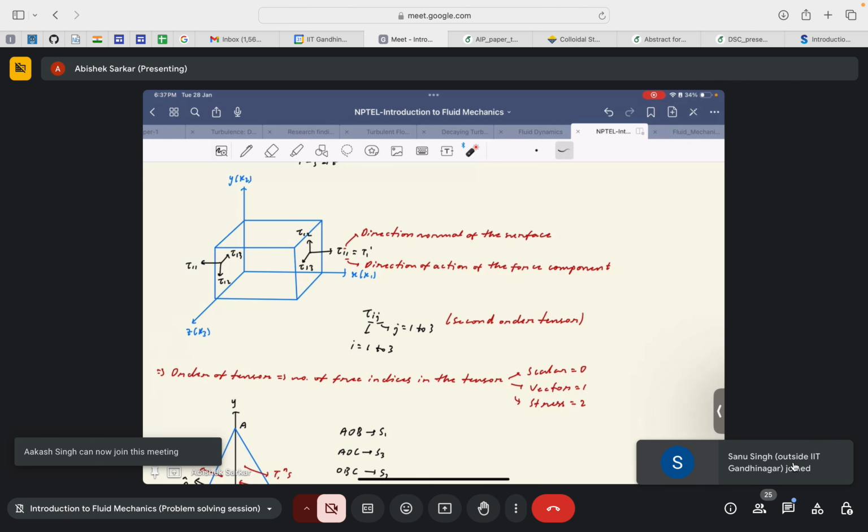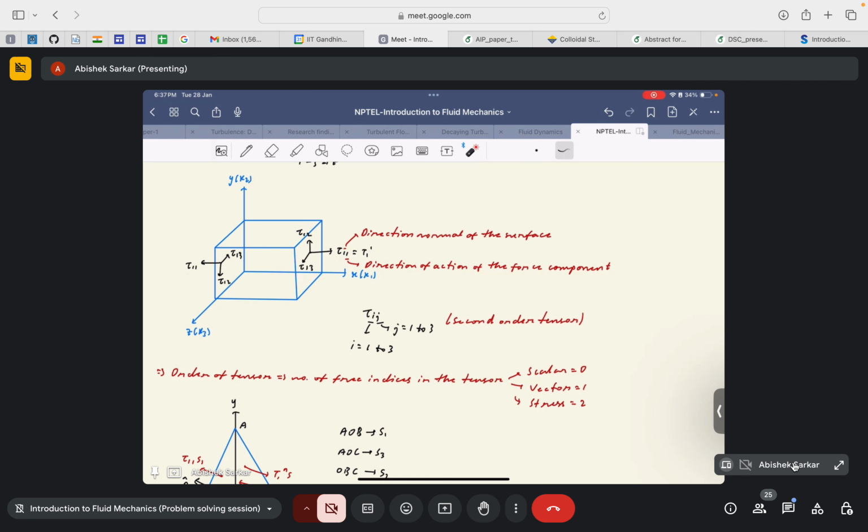That's why we have the index as 1, and the direction of this force is along the x1 direction, so the index notation would be tau 1 1. Similarly, along the y direction it is written as tau 1 2. The normal to this surface is along the x1 direction, so the first index remains the same, but the second index denotes the direction of the force, that is along the y direction, so it is tau 1 2.